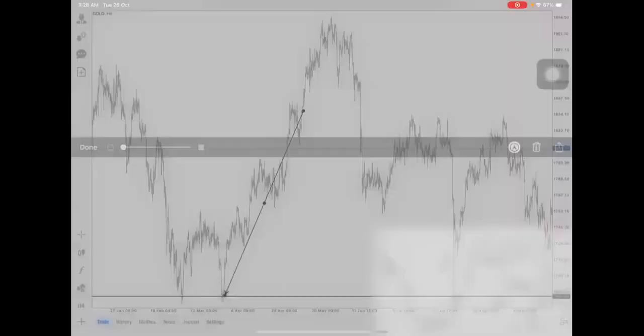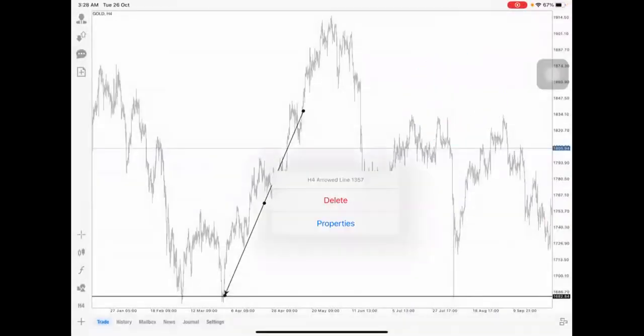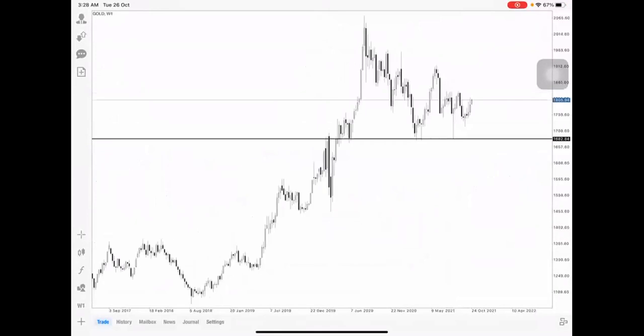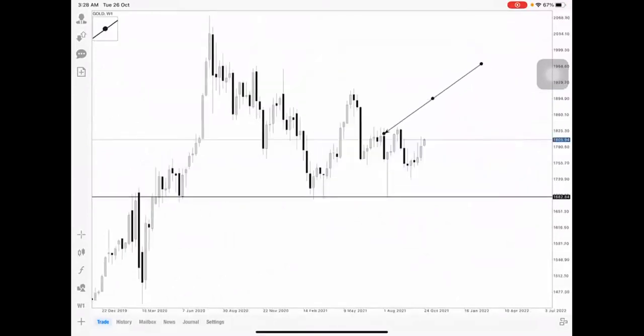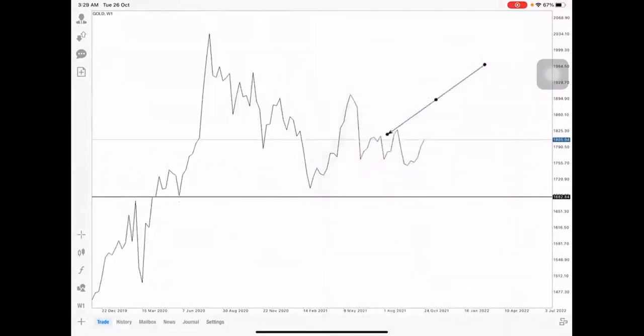Okay, another example. At this level, people think this is a breakout, right? So the buyers want to hold, but if you don't use SBR, you cannot sell here.